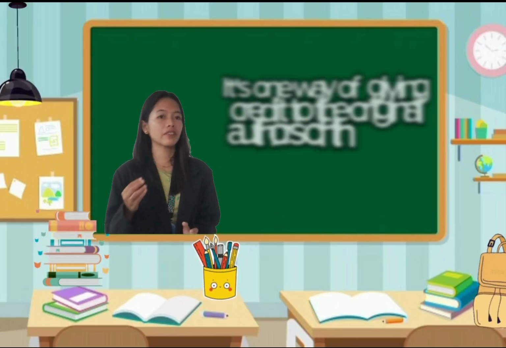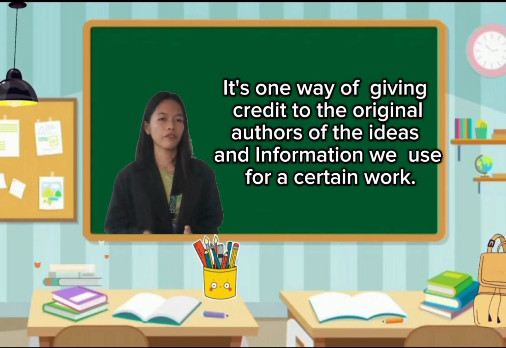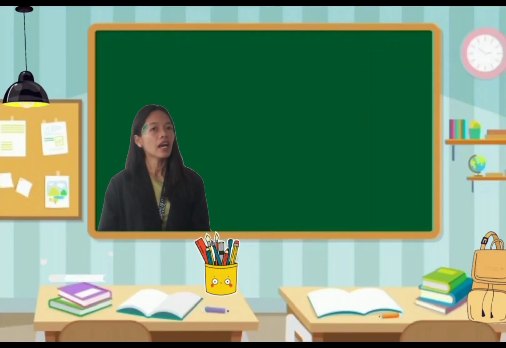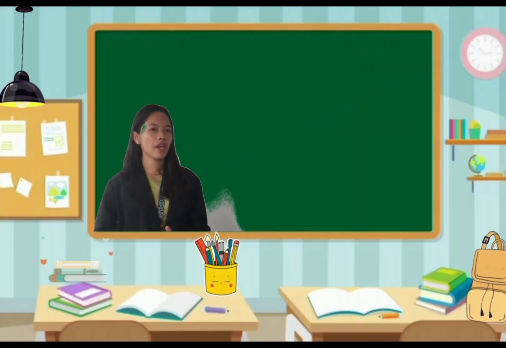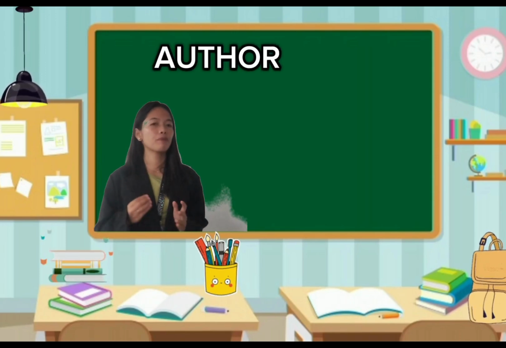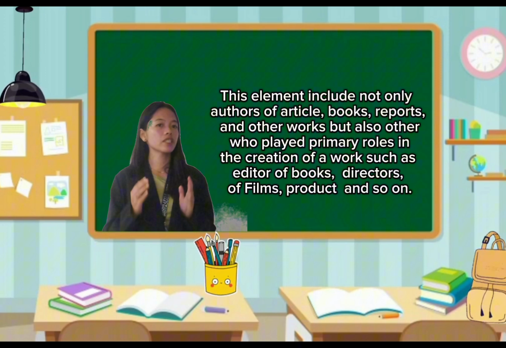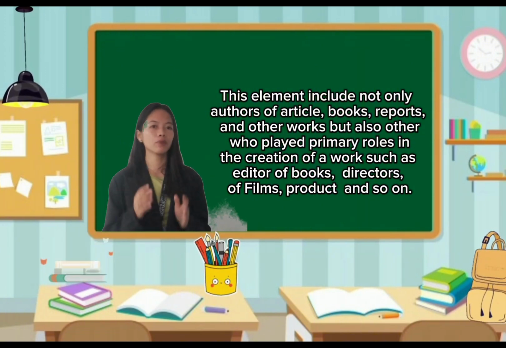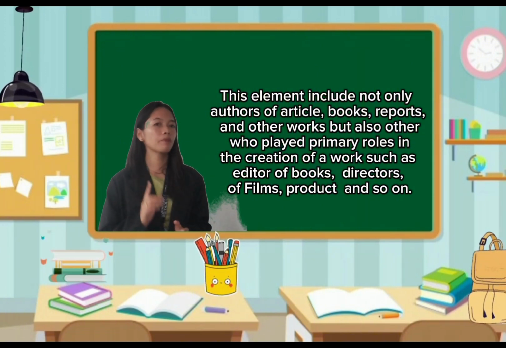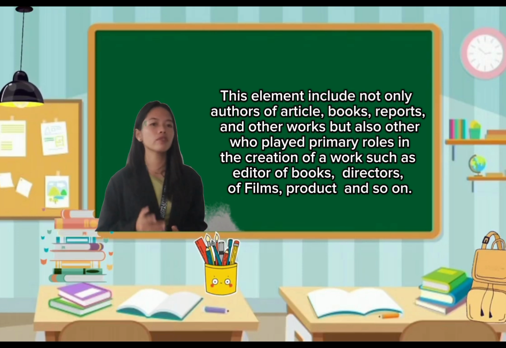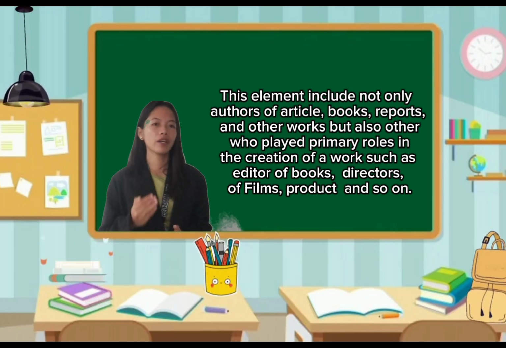It's one way of giving credit to the original authors of the ideas and information we use for a certain work. And one of the basic elements of APA is author. So this is a very important element in APA. These elements include not only authors of articles, books, reports, and other works, but also others who play primary roles in the creation of a work, such as editors of books, directors of films, producers, and so on.